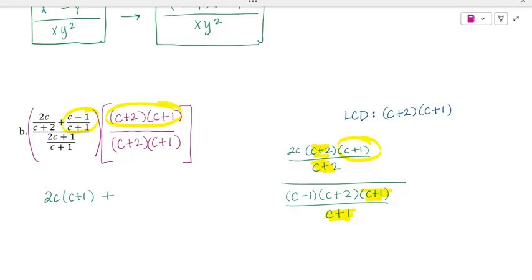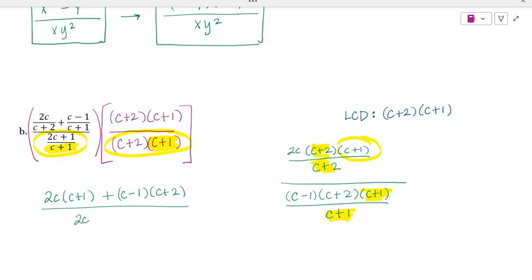And so we're left with c minus 1 times c plus 2. Let's move on to the denominator of the main fraction. We're multiplying this by this, and when I do so, this object should cancel with this one, and I'm left with 2c plus 1 times c plus 2.